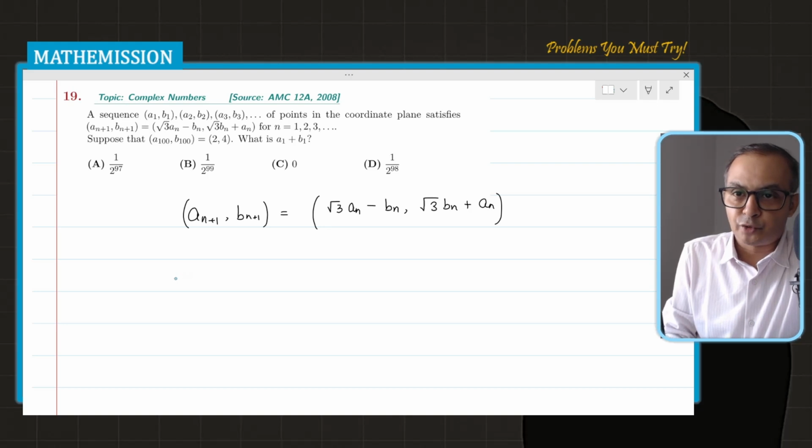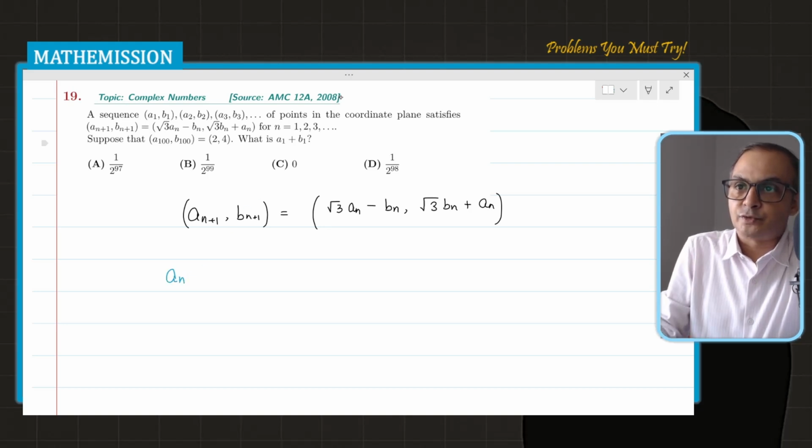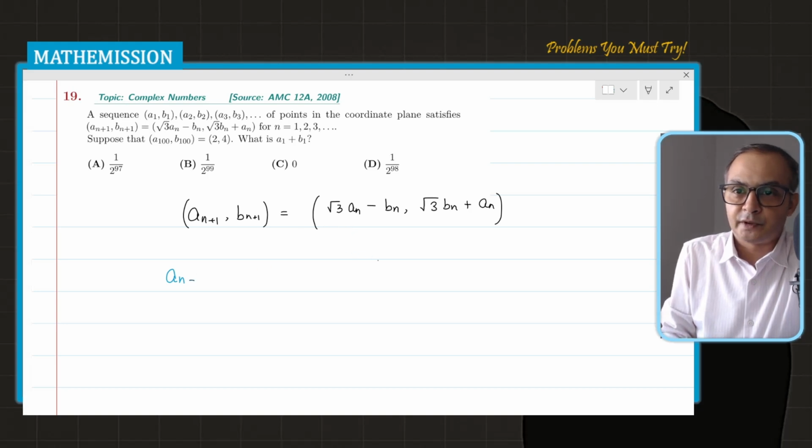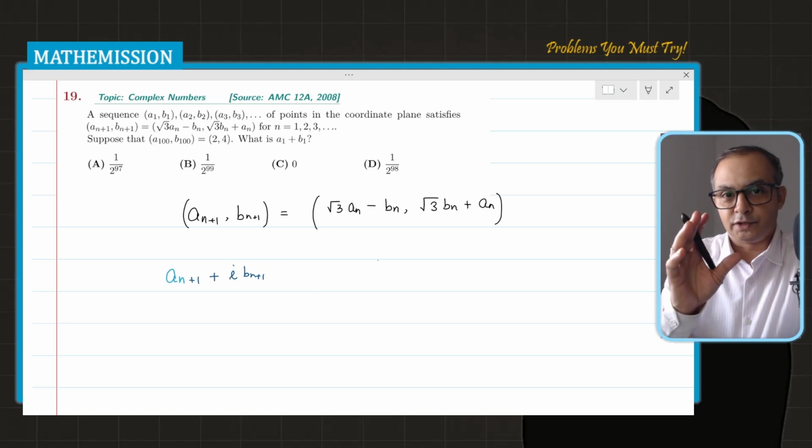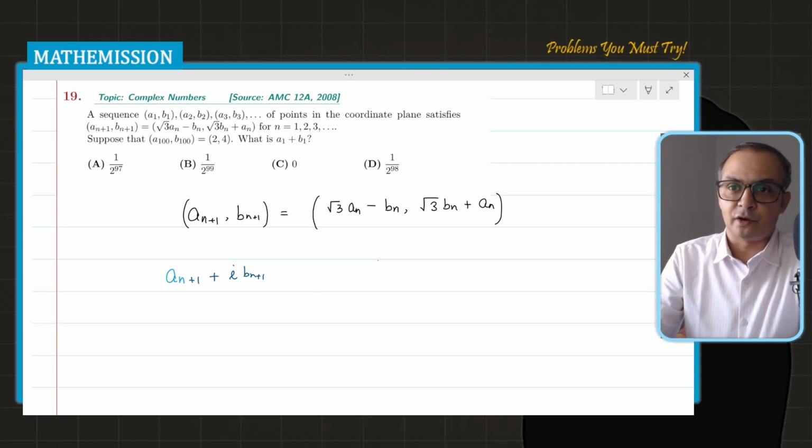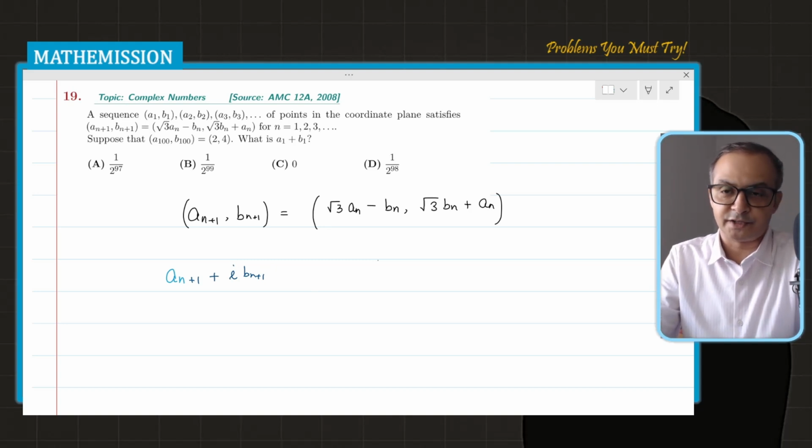So I'm assuming that an plus 1 and bn plus 1 are the real and imaginary components of a complex number.